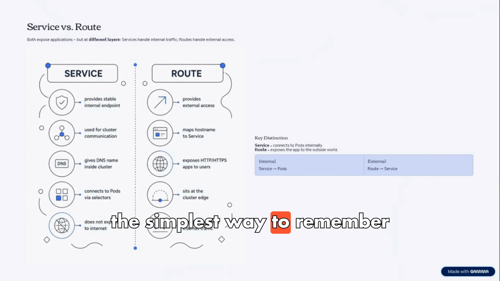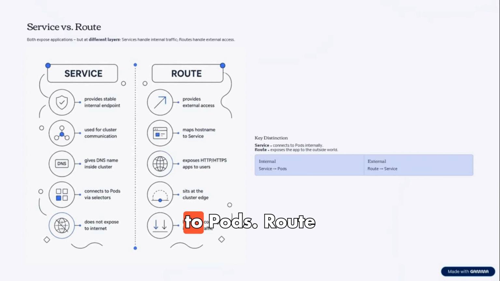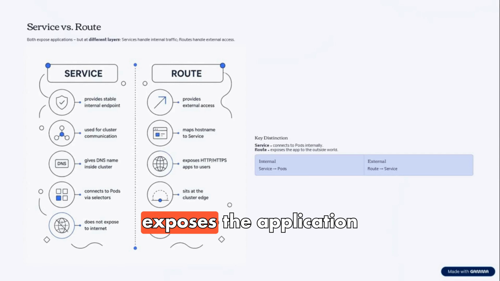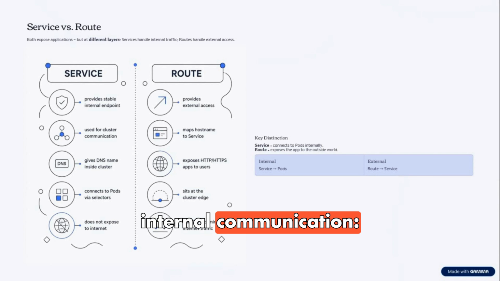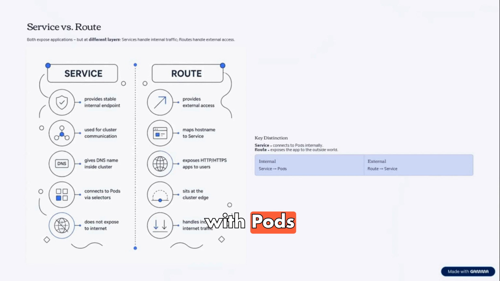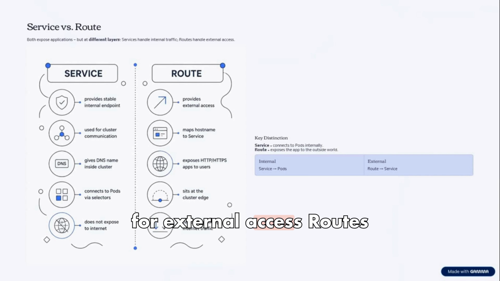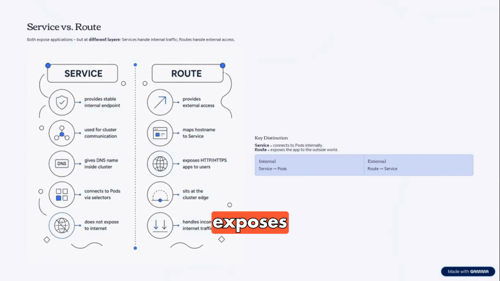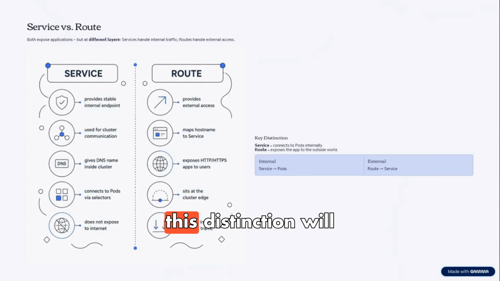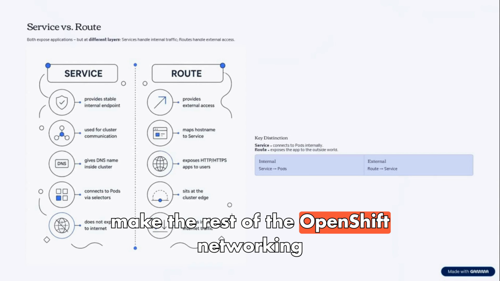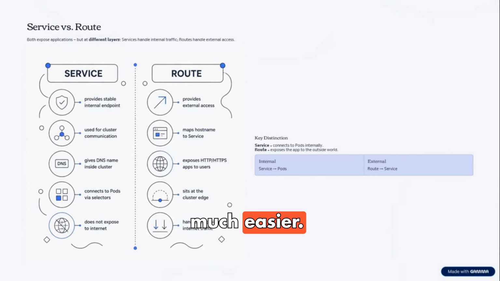So the simplest way to remember this is, service connects to pods, route exposes the application externally. Think of the architecture as two layers. For internal communication, services communicate with pods, and for external access, routes expose the application externally. Understanding this distinction will make the rest of OpenShift networking much easier.